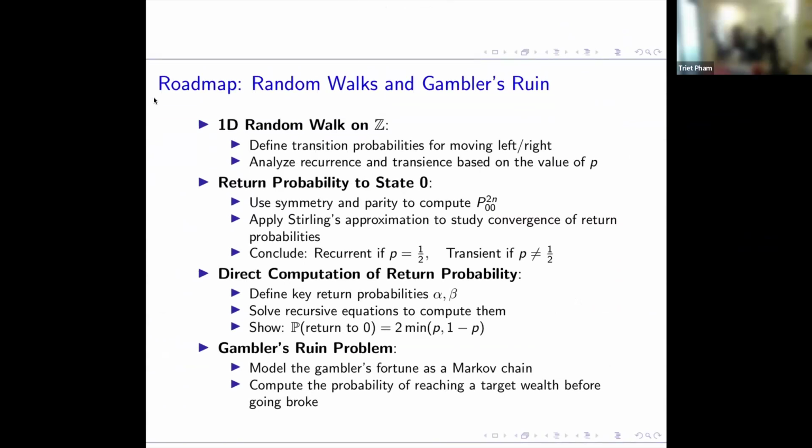There are a lot you can say about the 1D random walk, but one obvious topic is about the behavior, like recurrence and transience of the random walk. But this is, of course, the infinite random walk.